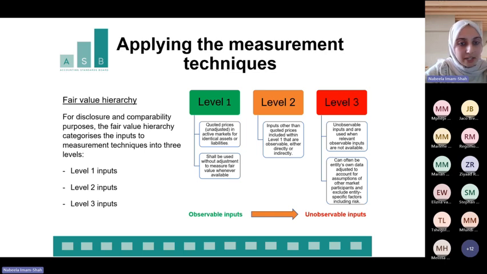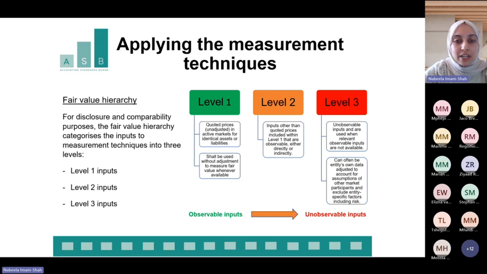Now, what are level 1 inputs? These are quoted prices. They are unadjusted in active markets for identical assets or liabilities, and they are used without adjustment to measure the fair value whenever it's available. These are now your observable inputs.